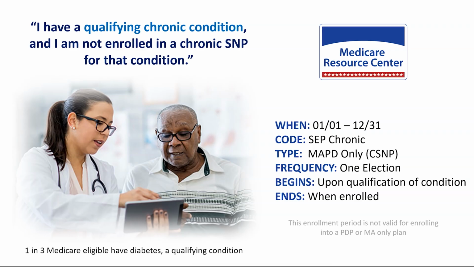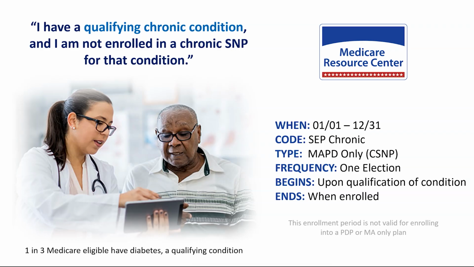So there are certain Medicare Advantage plans out there, okay, that are based on you having a certain chronic condition. Some are based on lung conditions, some on heart, some on diabetes, some on all of the above, and so forth. Now, I put a little stat down there that's interesting. Did you know that 1 in 3 people on Medicare have diabetes? That means 33% of the population has some sort of chronic condition called diabetes.